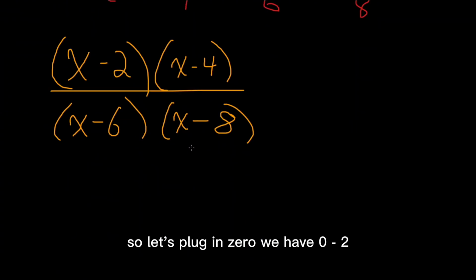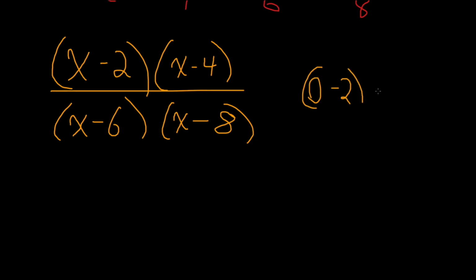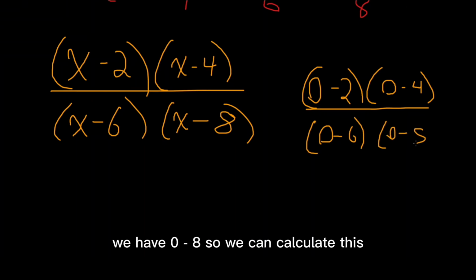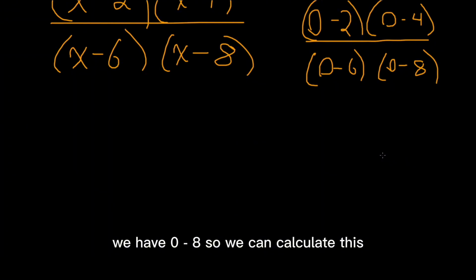So let's plug in 0. We have 0 minus 2, we have 0 minus 4, we have 0 minus 6, and we have 0 minus 8. So we can calculate this.